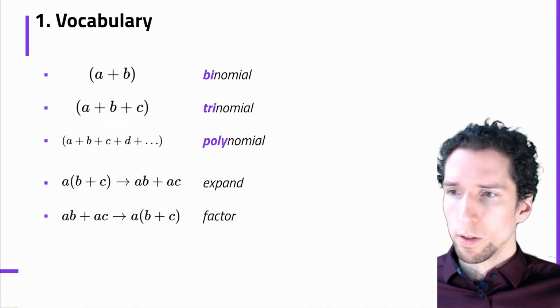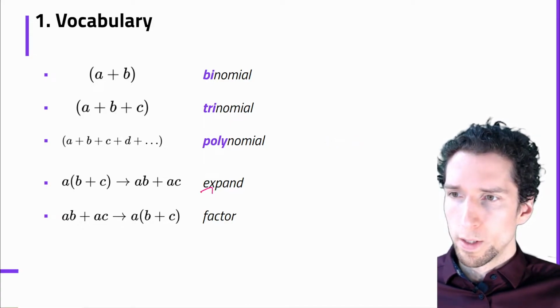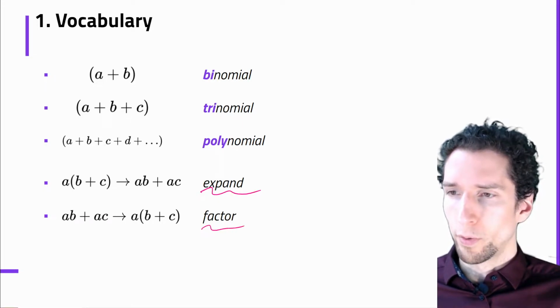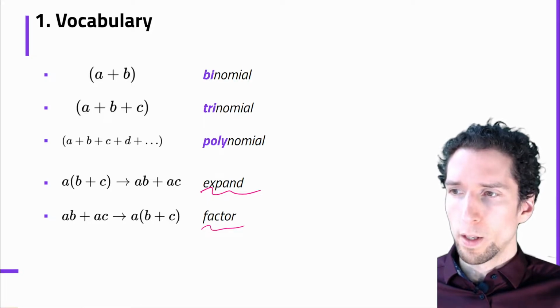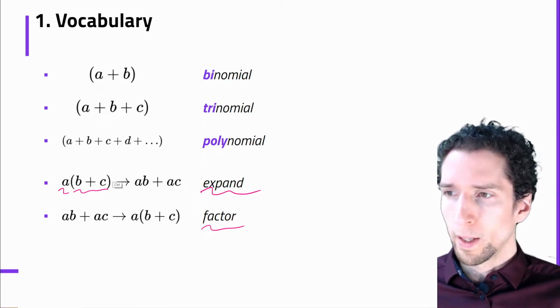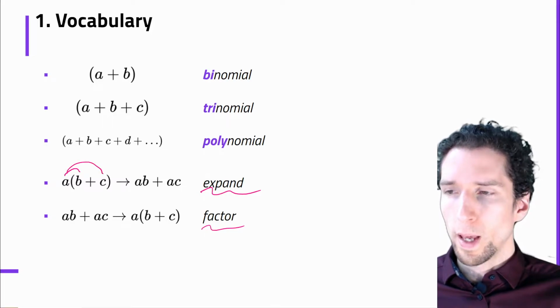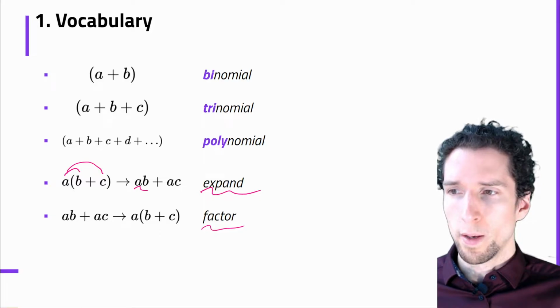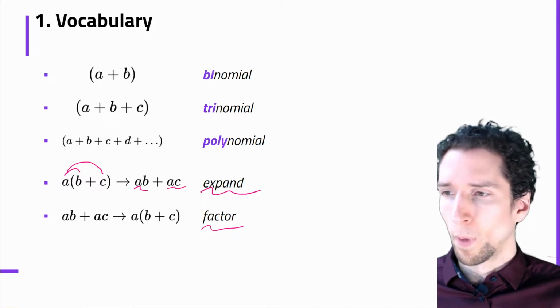The other two terms here are expanding and factoring. So expanding is if we have, say, a times b plus c, like this. And then we expand. We multiply the a by both of the things inside the brackets there, and that turns into ab plus ac.